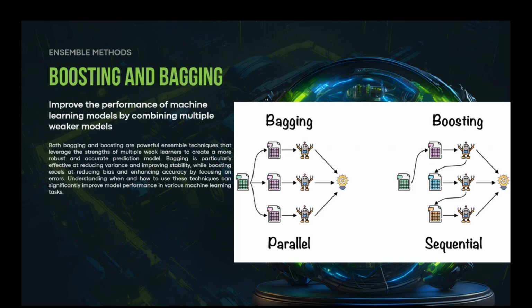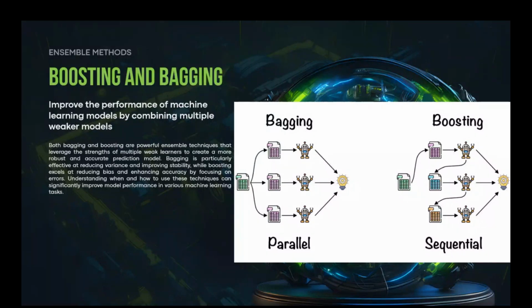So talking about bagging, it is also called bootstrap aggregating. Bagging aims to reduce the variance of a model by creating multiple versions of a model, each trained on a different subset of the data.